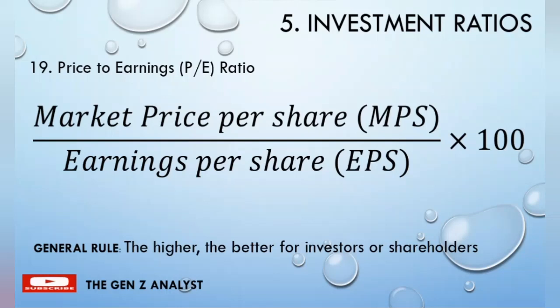The general rule of thumb is the higher this ratio, the better, because when the price to earnings ratio is high, it means that the growth prospect of the share price of the company is also very high. So investors will be trooping in to buy shares in this business.